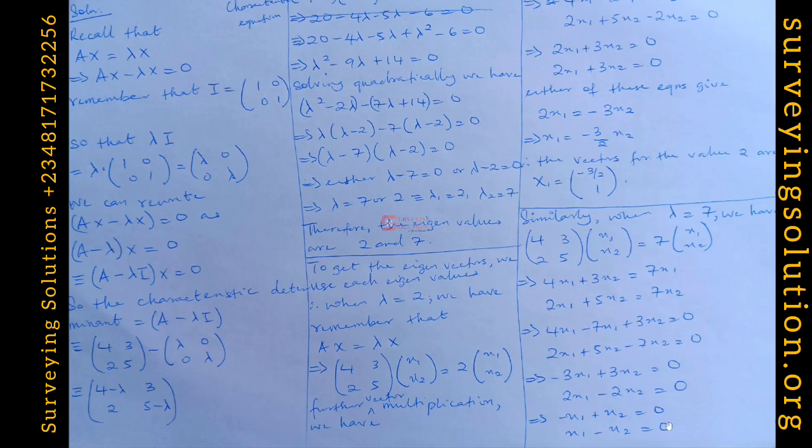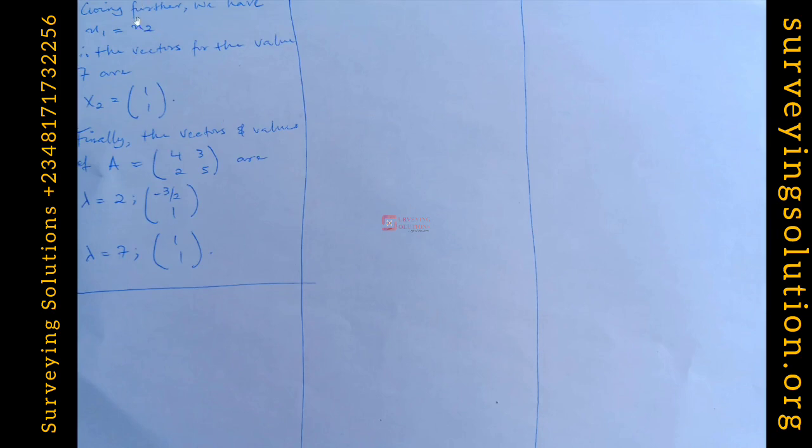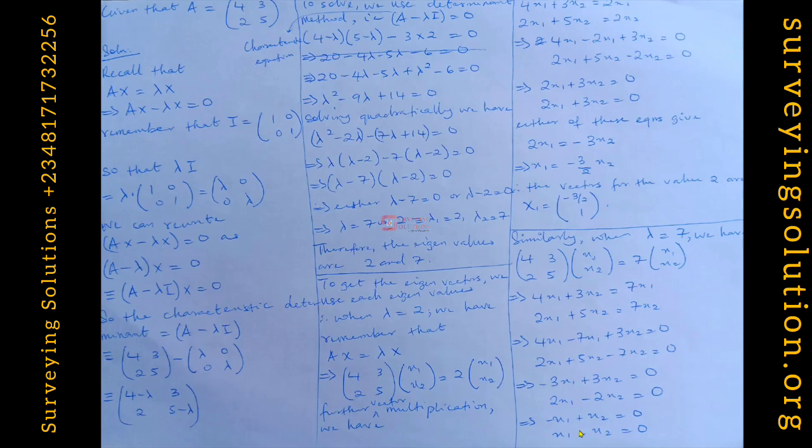Good. So we are going to finish it up by getting the vectors for this value 7, right? Good. So going further, we have x1 equal to x2. The reason being that from this set of equations, we have x1 minus x2 equal to 0.